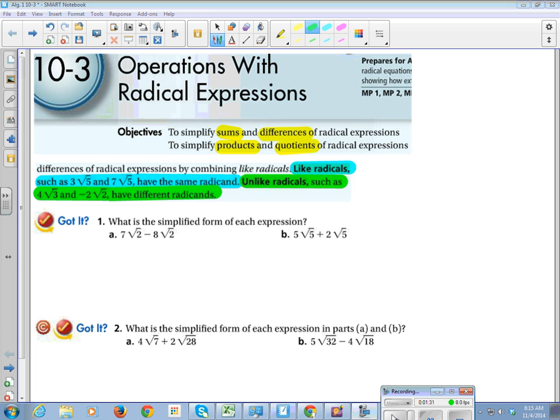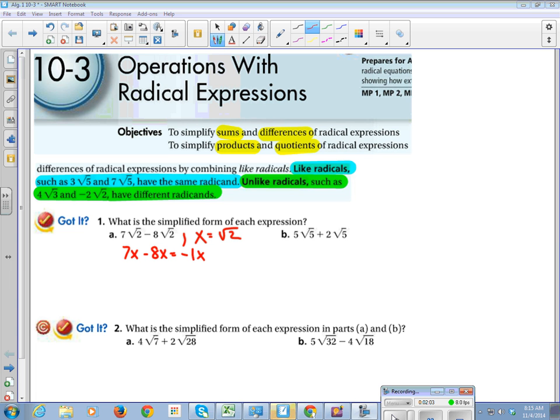All right, so when we have the same radicand, or if we have a like radical, then we can simplify them together. What I like to think of it as, here's the math on this. If I say x is equal to the square root of 2, then 7x's minus 8x's would be negative 1x.